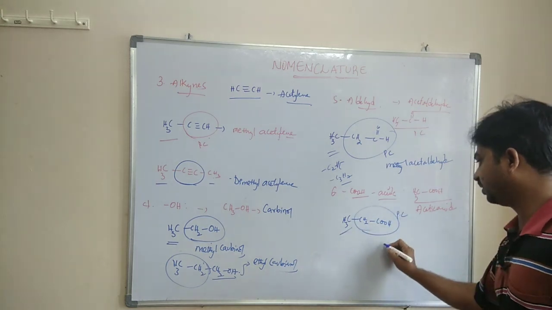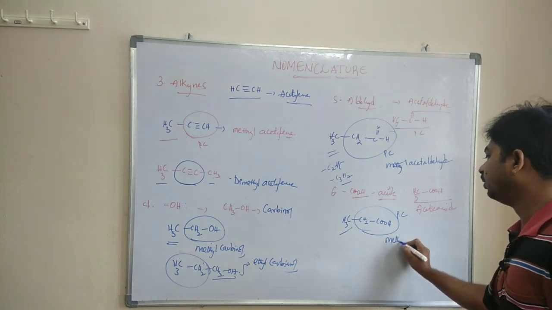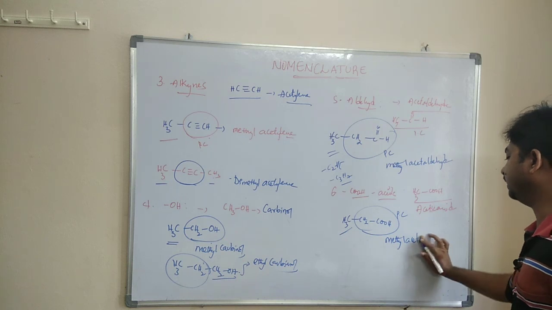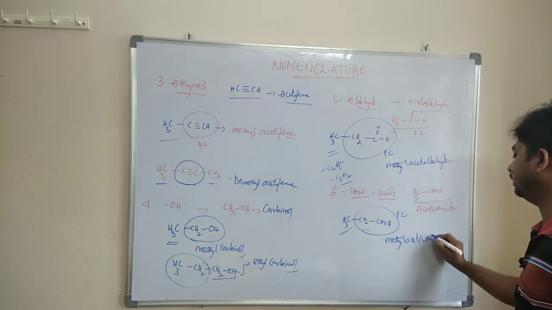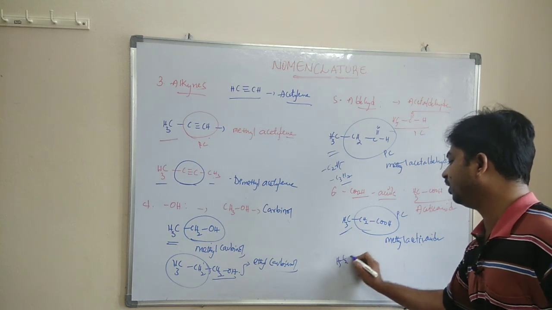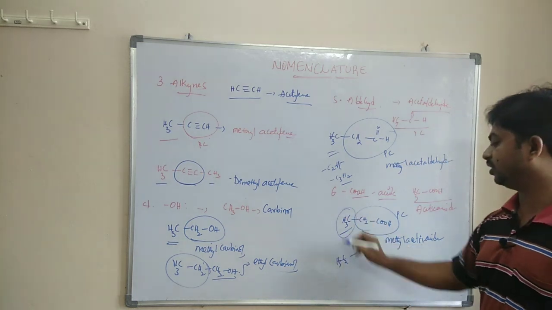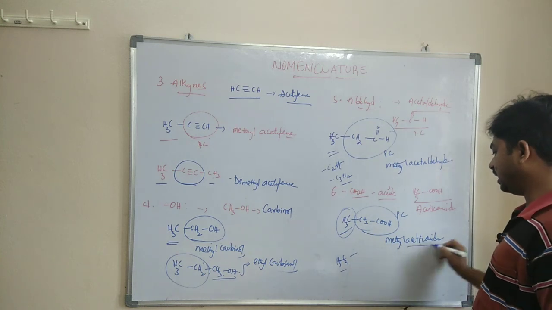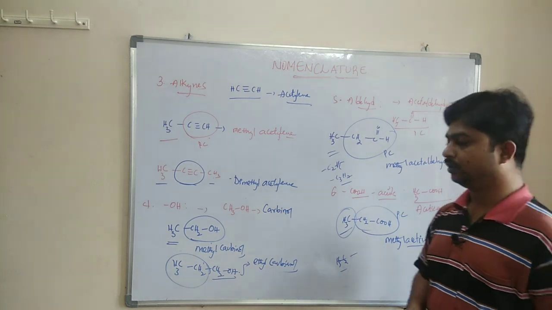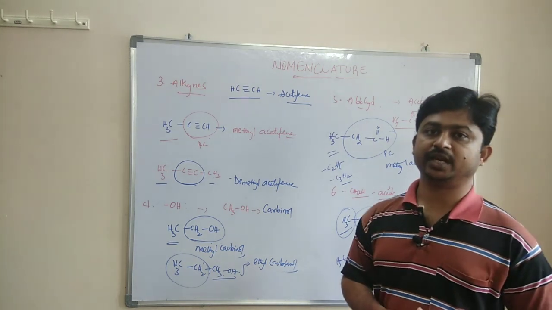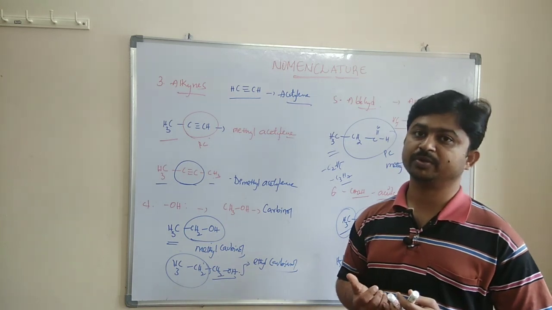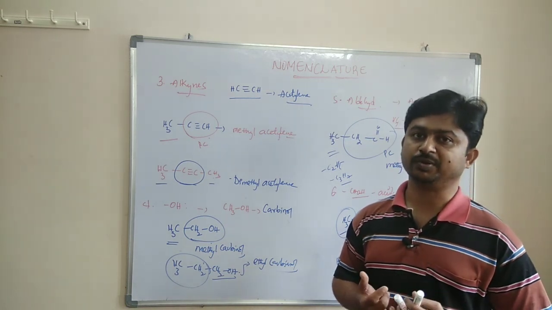This will be the prefix methyl, so methyl acetic acid. If C2H5 is there, in the place of methyl, we get ethyl acetic acid. Like this, we can get the names. This is about the derived system of nomenclature. So far, we have covered the common system of nomenclature, and at the same time the derived system of nomenclature.